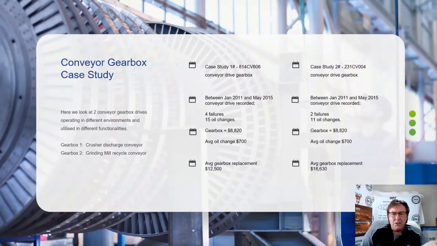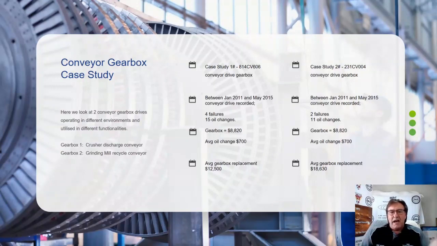Both are fairly small dollar value conveyor gearboxes, but in different applications, the asset integrity or the criticality rating for those gearboxes is quite significant. If we lost that recycle conveyor for the mill, then we lose our whole processing operation.